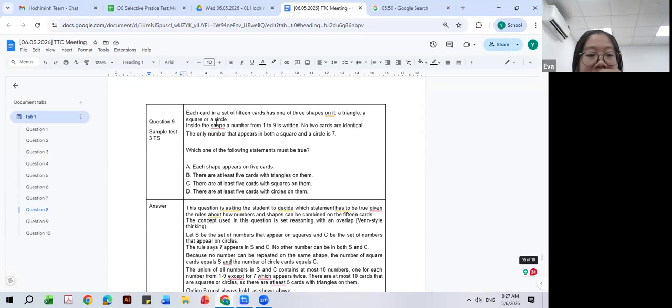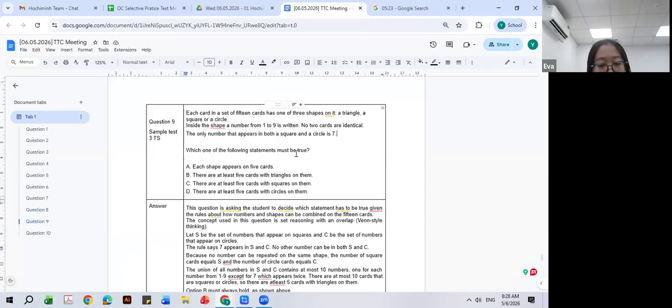And question number 9. We have 15 cards, each one of three shapes: a triangle, a square, and a circle. Inside the shape, a number from 1 to 9 is written, and no two cards are identical. We have to find the statement that must be true from the above article.